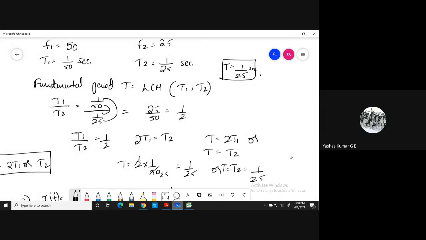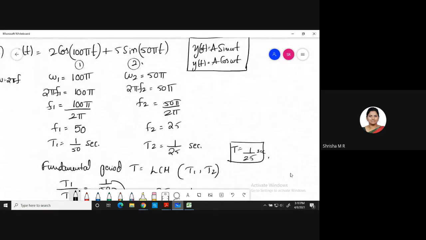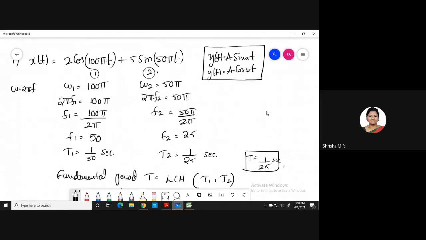Ma'am, here if you interchange cos and sine, then T1 and T2 get interchanged only. If we write it as 2 sine 100 pi t plus 5 cos omega t, then T1 and T2 get changed, ma'am.